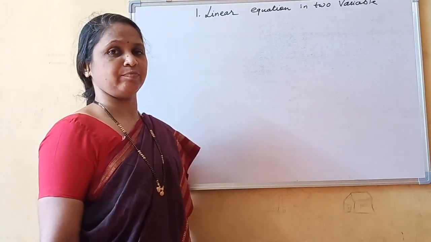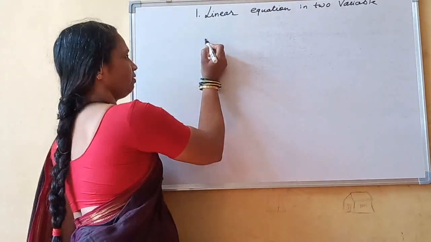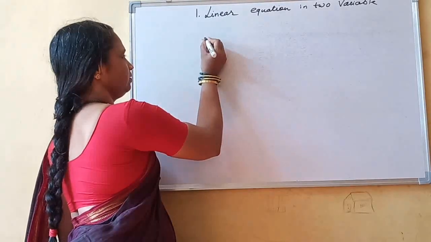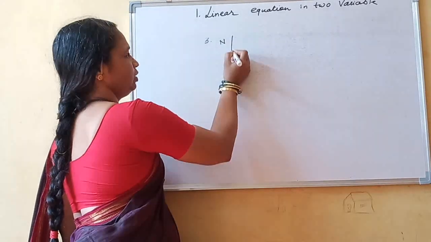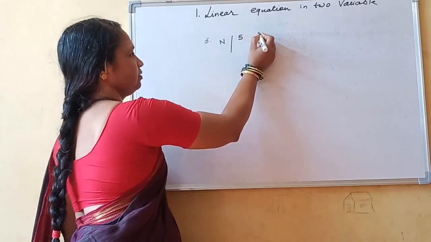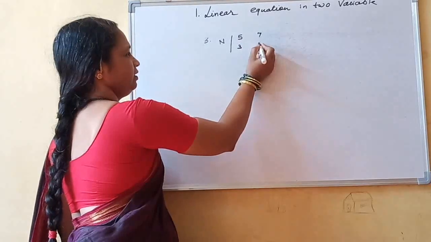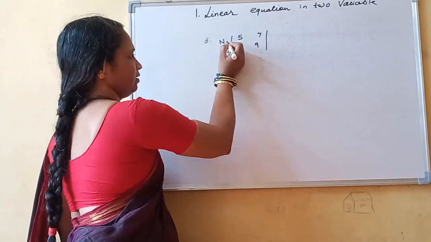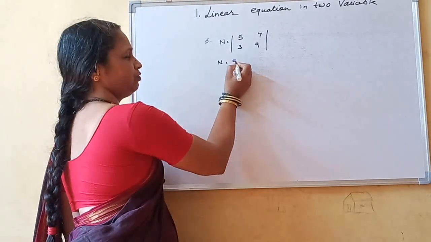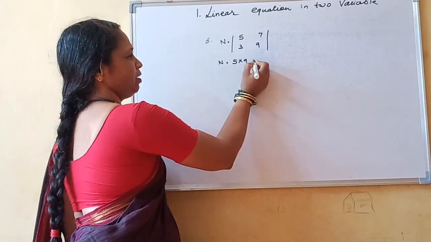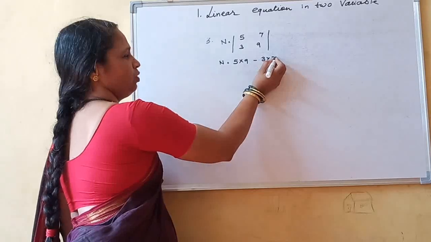Let's take one example. N is equal to 5, 7, 3, 9. Now we will find the value of the determinant n, which will be equal to 5 into 9 minus 3 into 7.